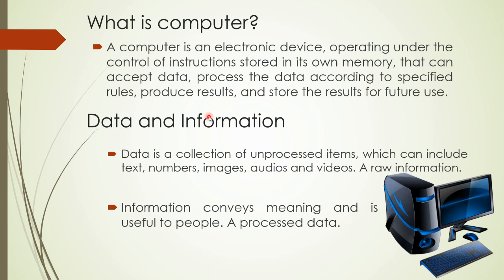Kanang mga text, kanang input nato using keyboard or even a mouse, or even images through pictures, or videos using a video camera or a recorder for audio. That is called data, and they are called raw information. And when we say raw, which means wala pa siya na process, wala pa siya ni undergo og process. Information conveys meaning and is useful to people. So this is processed data.